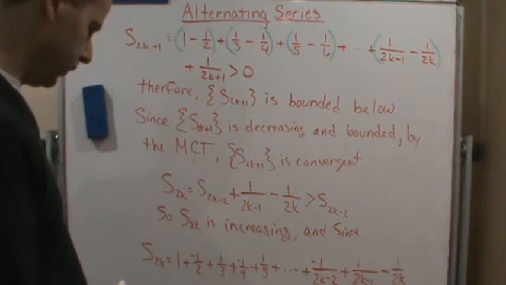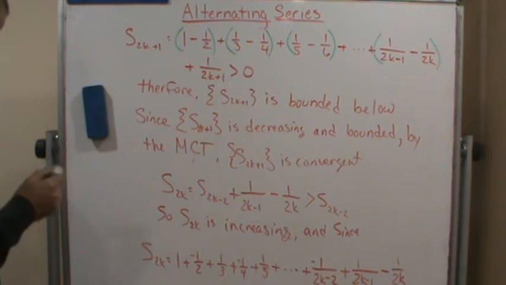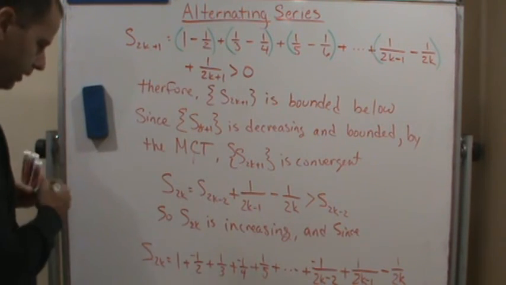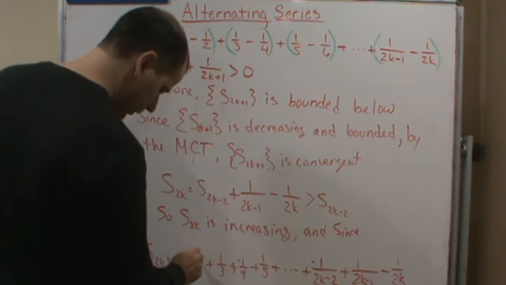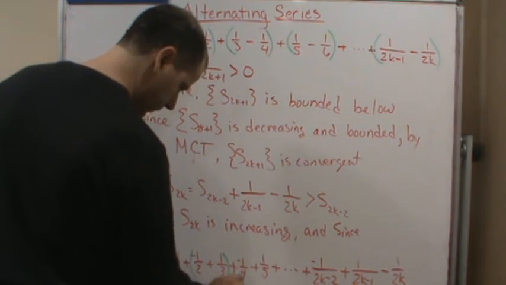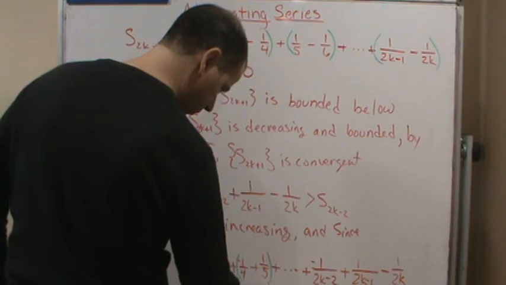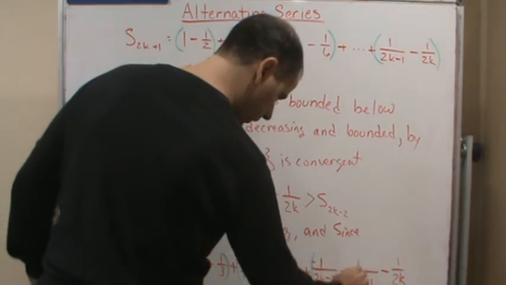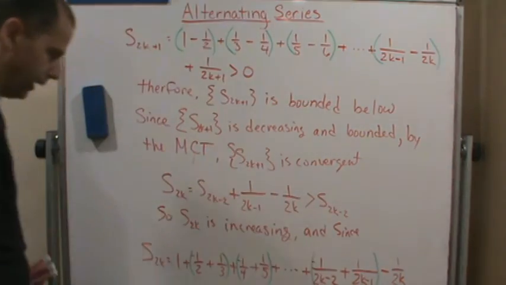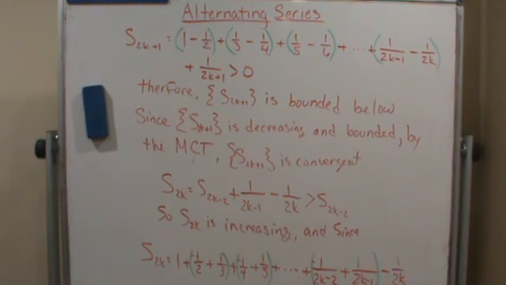Okay, and I'm going to group these a little bit differently than what I did up here: I'm going to group these two, and then these two, and then these two all the way down. Okay? And so now what happens when I do that?